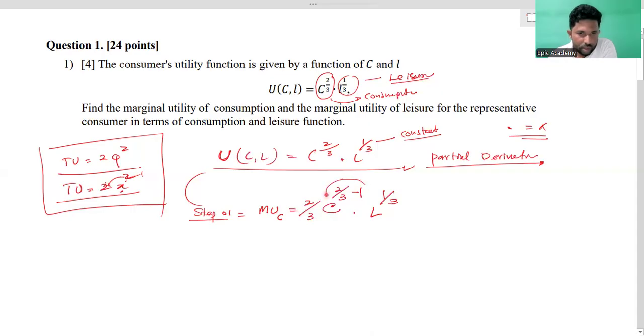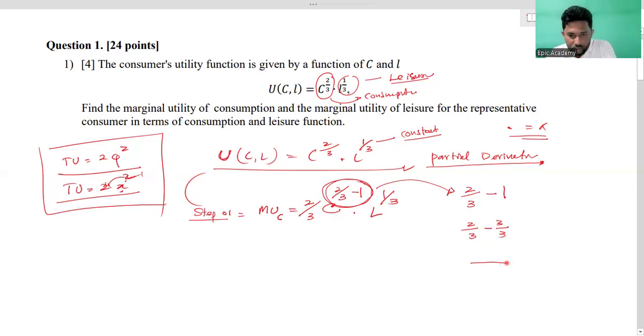So something to understand in here, I will explain separately: 2 divided by 3 minus 1. As an example, 1 is similar to 3 divided by 3, because 3 divided by 3 is also similar to 1.